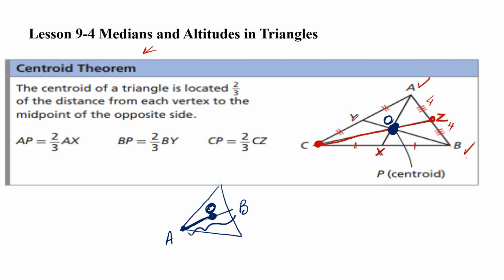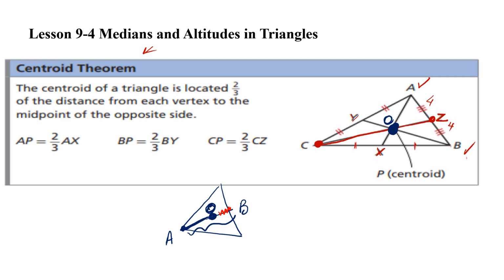Whereas this part of the line, the OB, is covering 1/3 of the whole AB line segment.